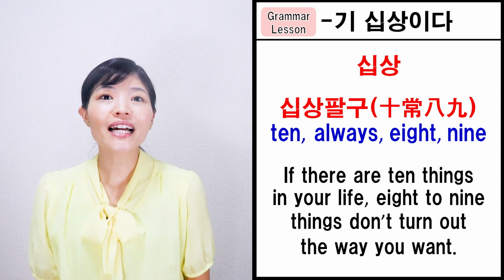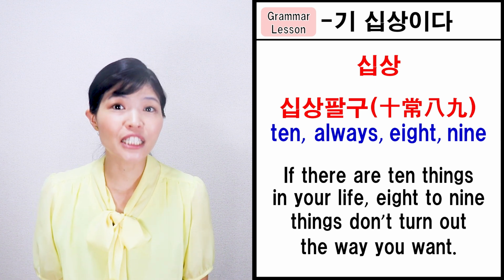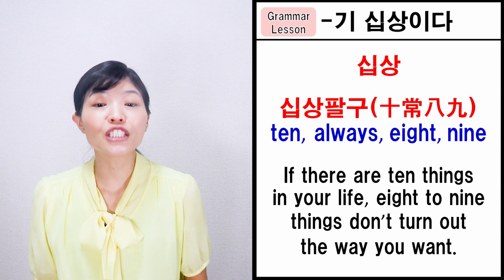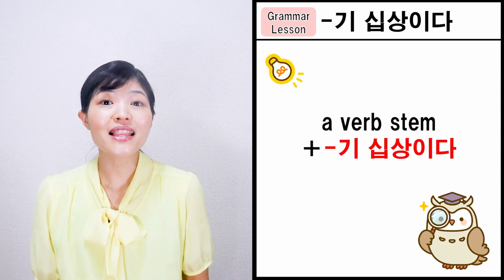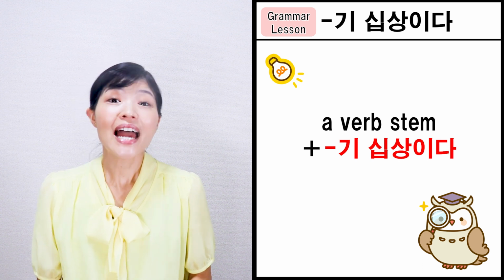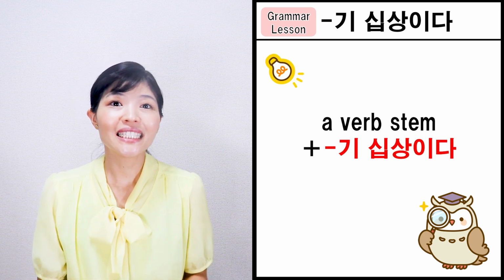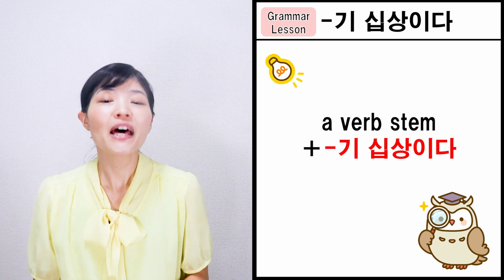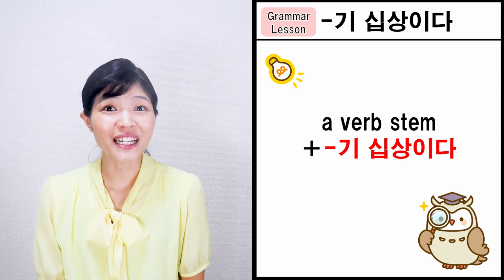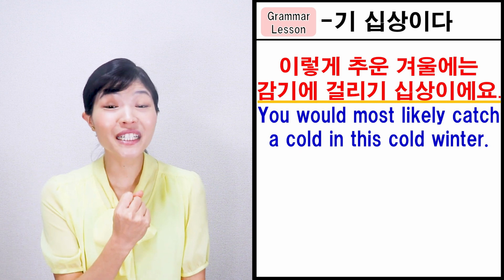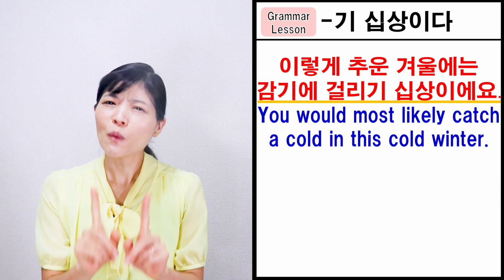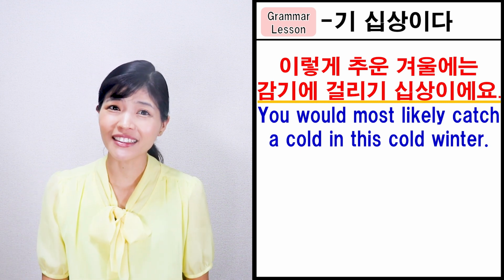Therefore, 십상 comes from that 4-character idiom, and it has a negative connotation. About the usage, you mainly apply this grammar with verbs, and you always attach 기 십상이다 to a stem regardless of a final consonant. Wow! Easy breezy!